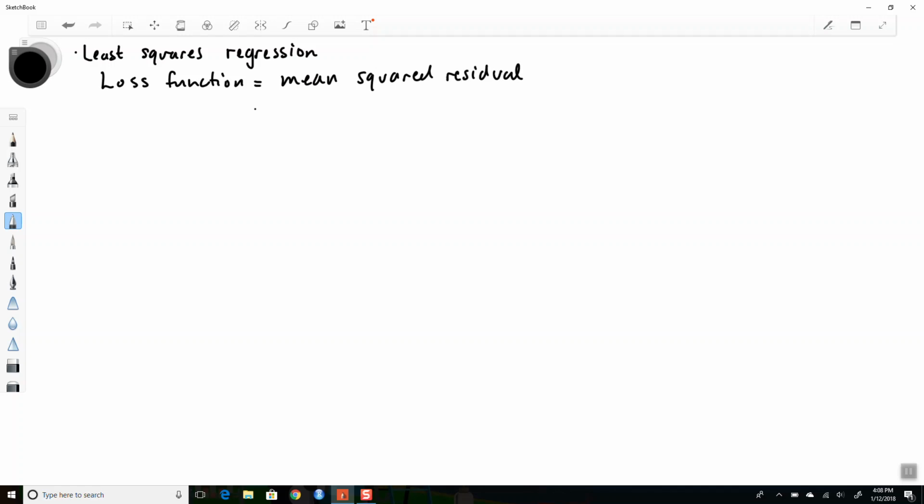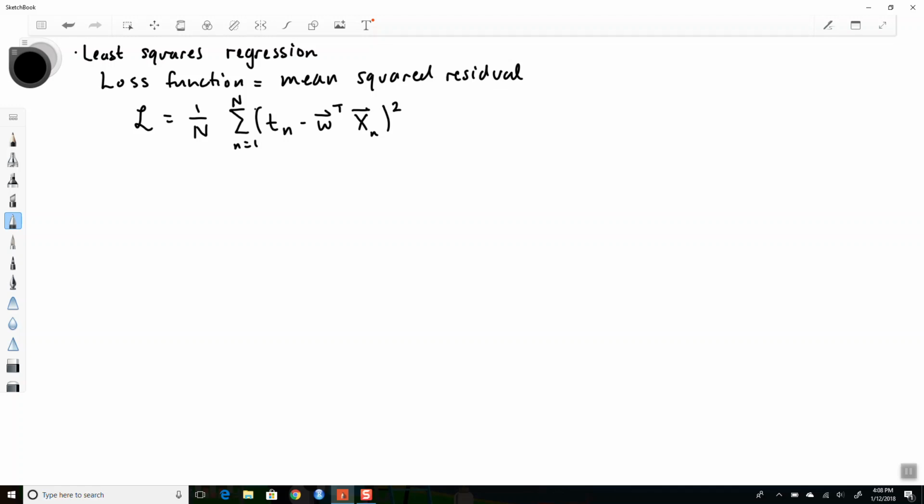Let me write that out: the loss function is 1 over N, the sum from n equals 1 to N of (t_n minus w transpose x_n) squared.